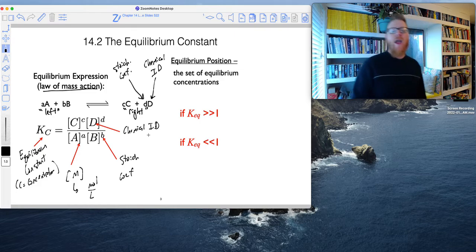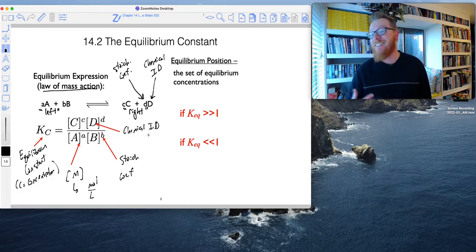We move away from the traditional reactant and product language in equilibrium because we recognize the reactants can function both as reactants and products, and the products can function both as products and reactants, because we have forward and reverse reactions. So we like to think of this equilibrium position as either on the left or on the right.